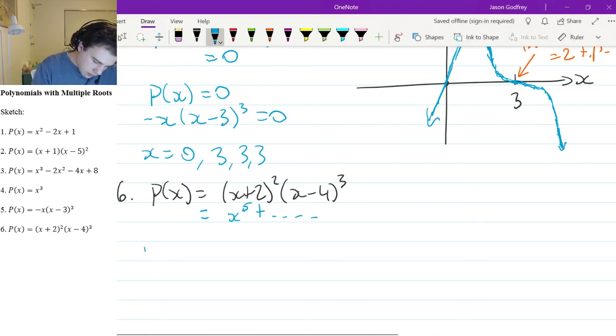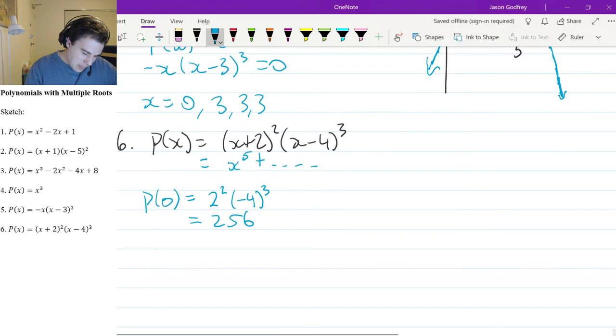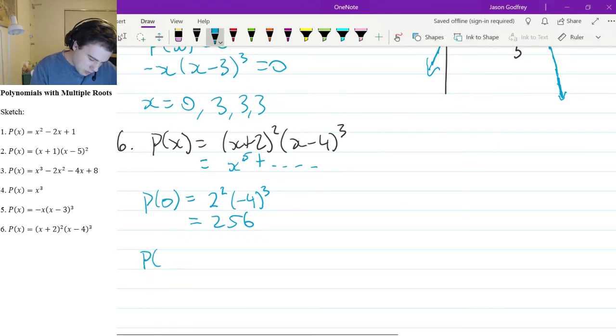So what's the y-intercept? We've got 2 squared times negative 4 cubed. We're not going to be drawing this one to scale. 4 times 64 is 256. And where are the roots?